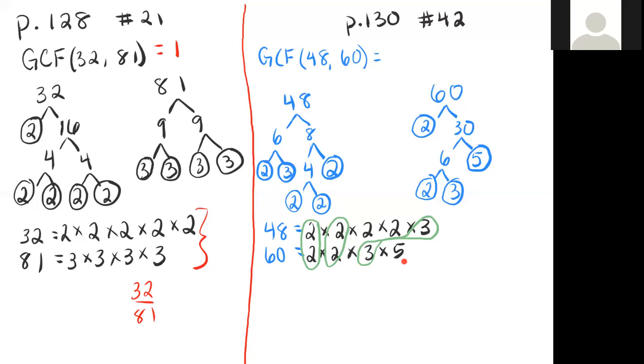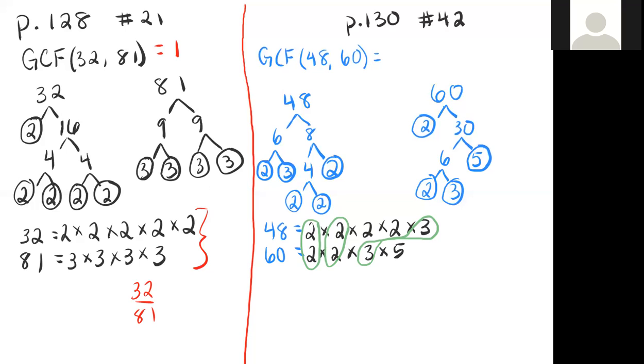All right, so now to find my greatest common factor, we are going to multiply the common factors. And remember the example that I gave in class, I'm not going to be multiplying 2 times 2 times 2 times 2 times 3 times 3, right? You're thinking of a pair of shoes. I've got 2 pairs of shoes, but when I buy them, they come in 1 box.